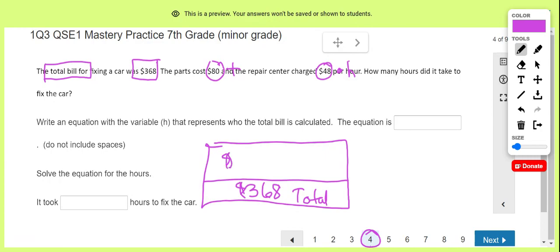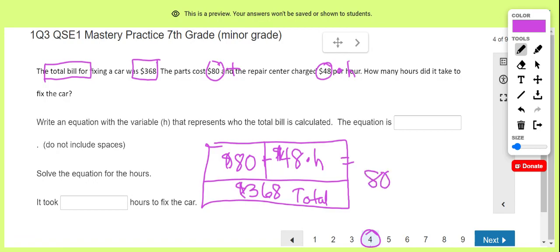So we have $80 as one part of the total, and then we have $48 times each hour. Well, we're going to add these up to get the total of 368.